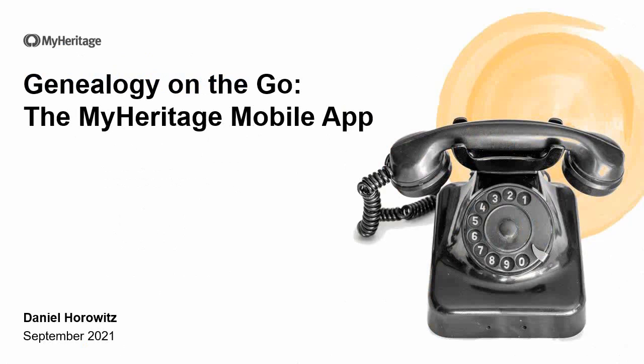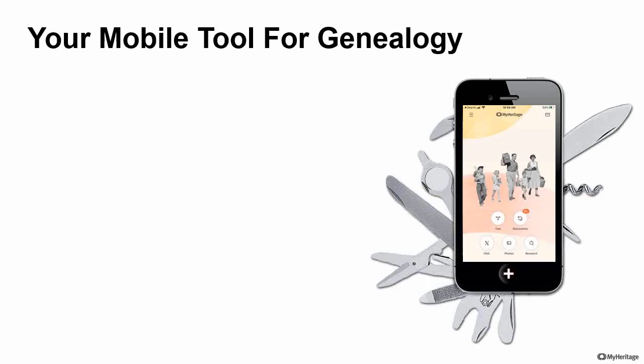Today, talking about a subject which is quite young, or a youngster, I would say: how to use your mobile devices to do genealogy, specifically in the MyHeritage Mobile App. The reason for this lecture is mainly that I don't know how many of you in the audience already realize this, but we are already using, whether you know it or not, your mobile devices for genealogy.